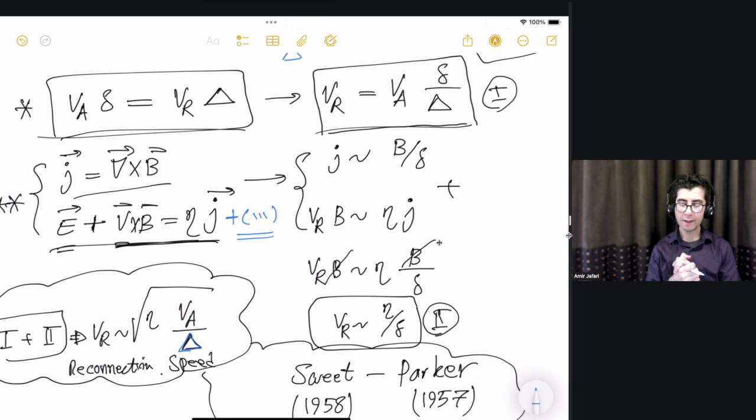But at least in astrophysics, we know that these processes, which come from small-scale plasma effects, cannot affect reconnection in a major way. For example, the ohmic resistivity here is a small-scale thing. It's the collisions between particles at small scales.